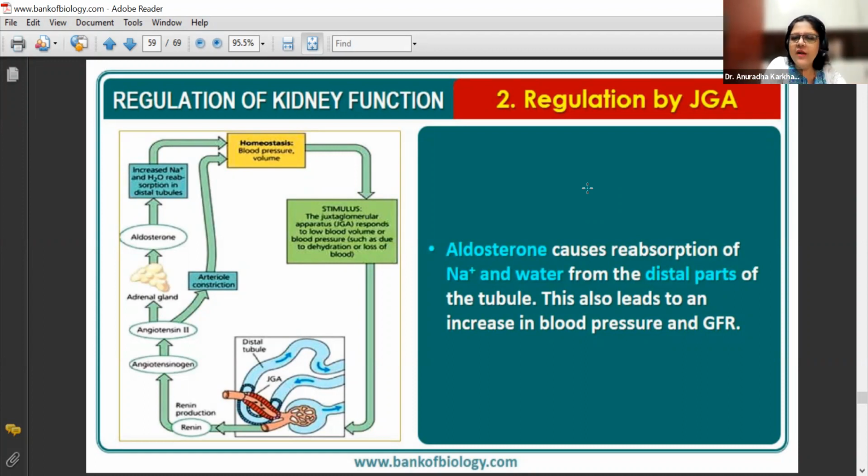Okay, so role of aldosterone and role of renin, both are equally important. Any difficulty in understanding this? Any problem? Come on, tell me. Did you understand the function of aldosterone? Increase Na plus and H2O reabsorption in the distal tubules. Fine.